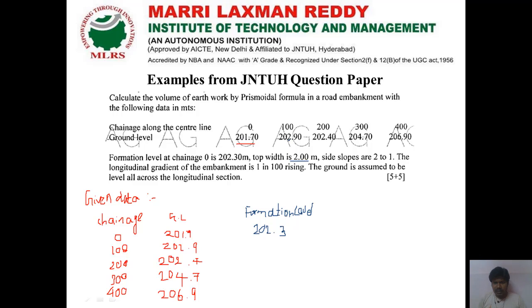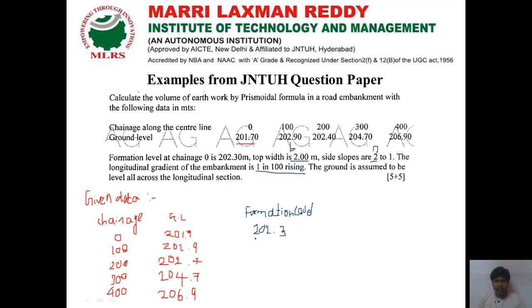Now they have given the top width, that is B equal to 2 meter, then side slope N equal to 2. They have given another word: the longitudinal gradient of embankment is 1 in 100 rising. So every 100 meter, 1 meter is getting raised.